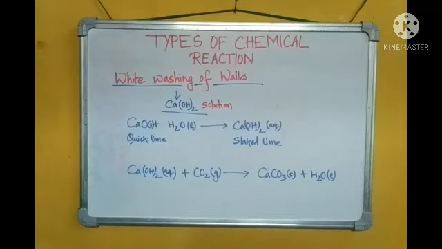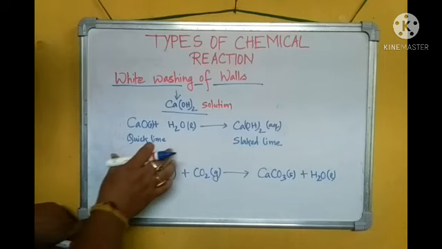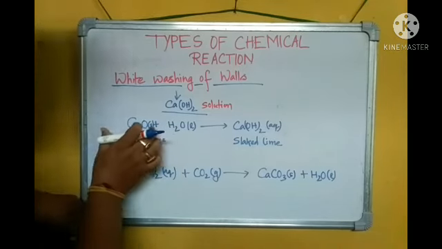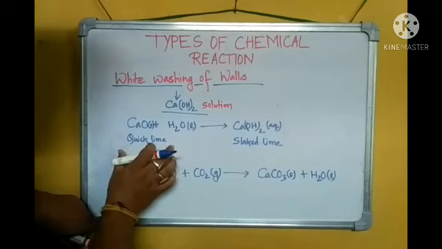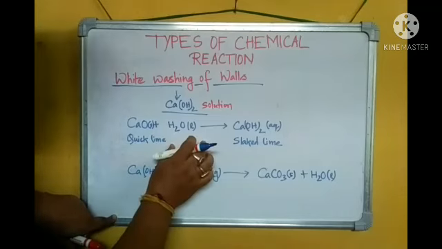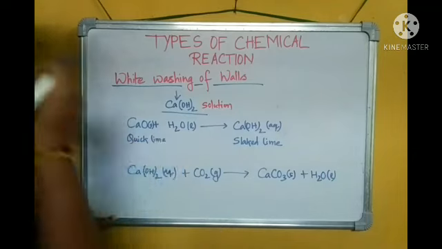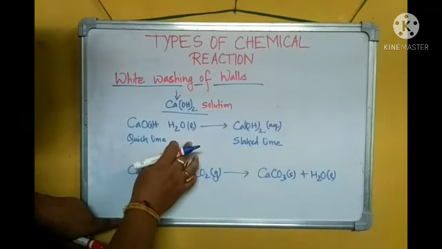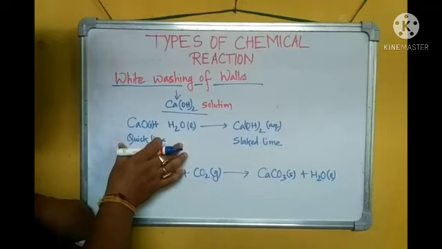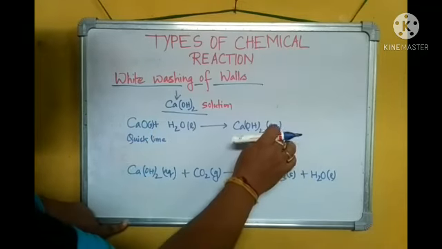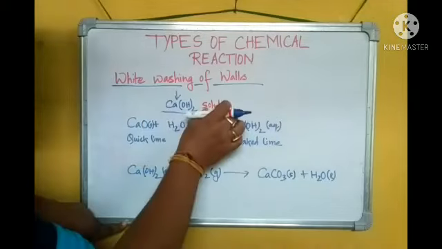This is the example that we have already seen while discussing the combination reaction: quicklime, that is calcium oxide, which is in its solid form, is reacted with water. Water is poured onto the quicklime so that it dissolves in water. We will see a reaction between quicklime and water, and slaked lime will be produced in its aqueous form. We need calcium hydroxide as a solution.